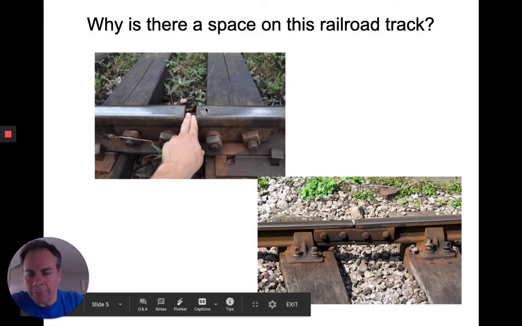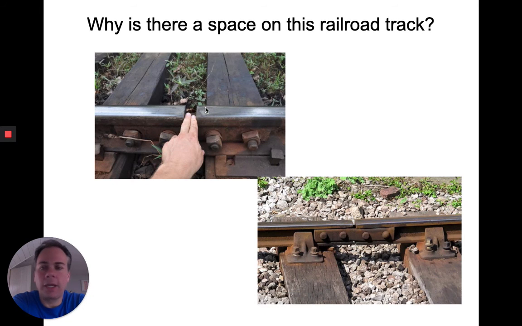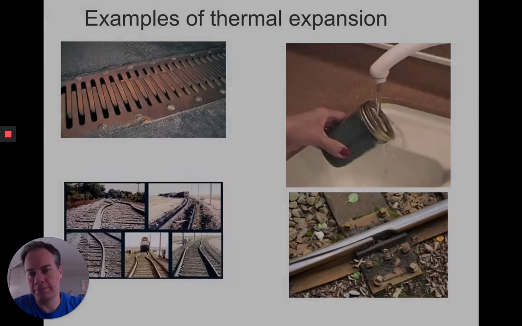A railroad track needs to work in the summer and the winter, and in our area there are pretty wild temperature fluctuations. When it's summertime and really warm out, what's going to happen to the metal of this railroad track? Well, it's probably going to expand. And having that gap between the rails gives the railroad track some room for expansion.